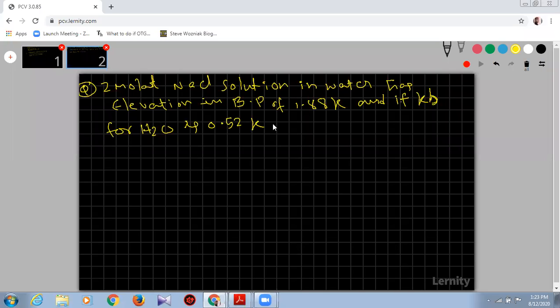Calculate van't Hoff factor and alpha for sodium chloride.